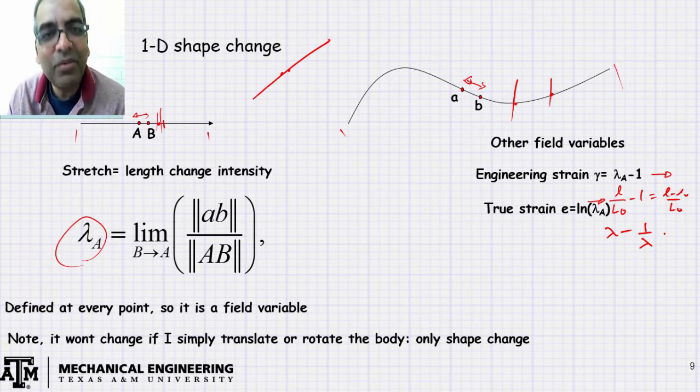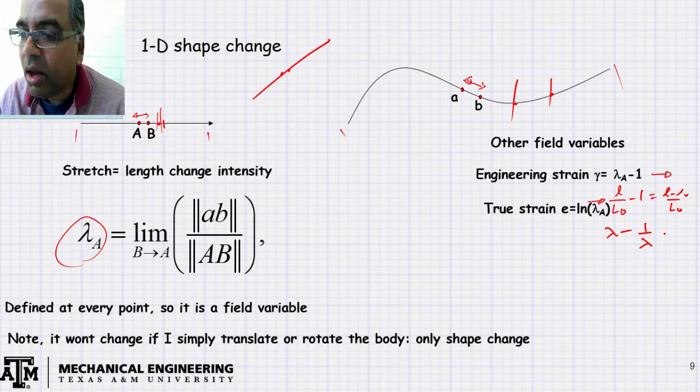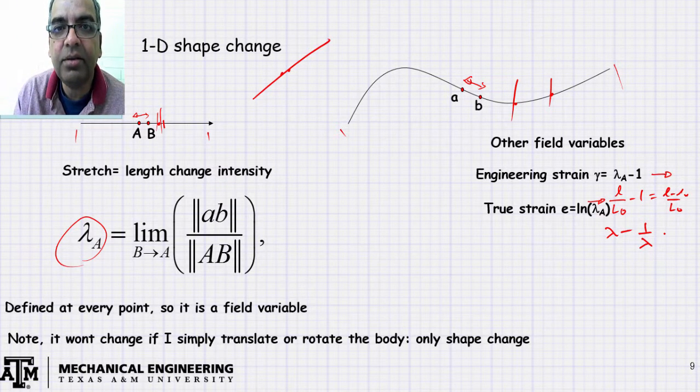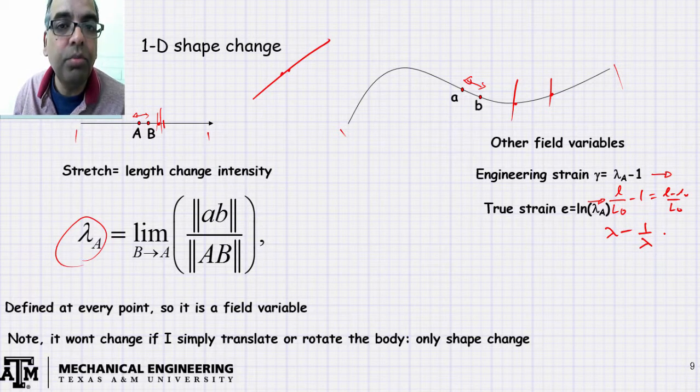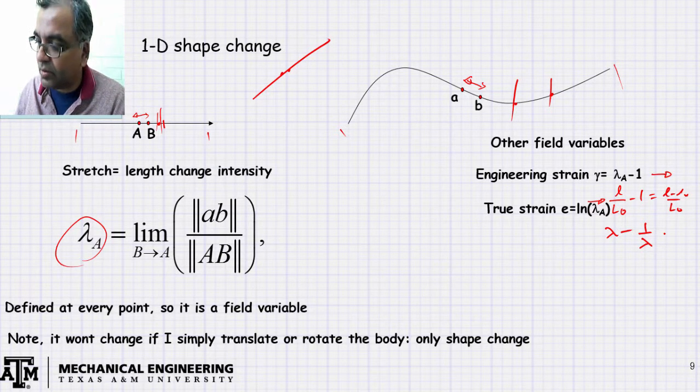It will go from minus infinity to infinity, all nice things will happen. You can do that also, right? But log lambda turns out to be convenient for some purposes. Again, notice it's a matter of convenience, not a matter of truth, right? So don't think of it as something true, but log of lambda is the true strain.